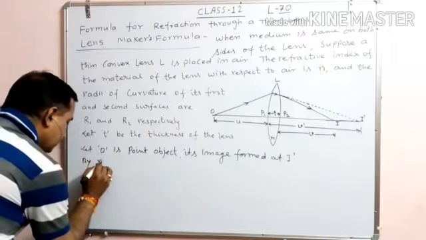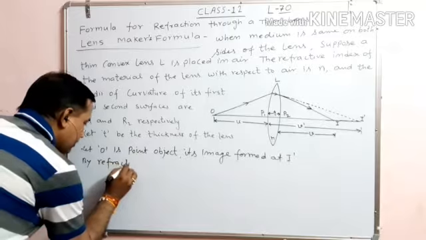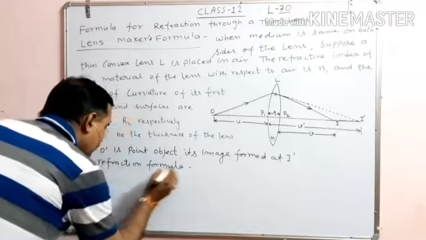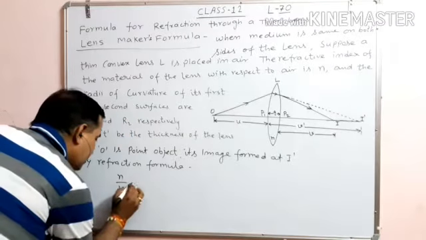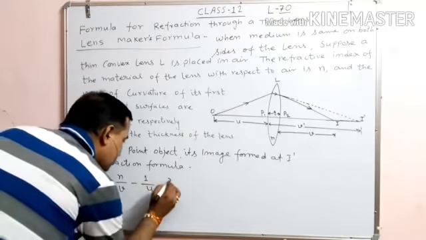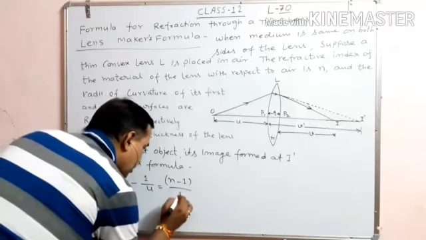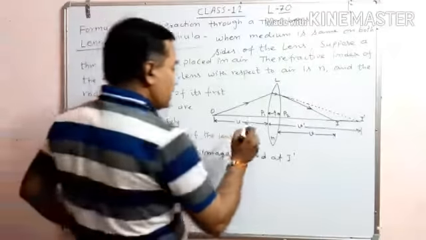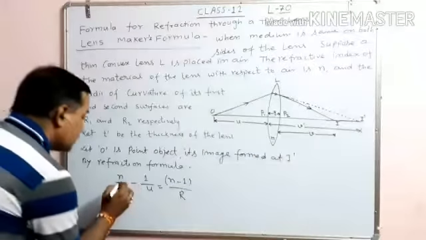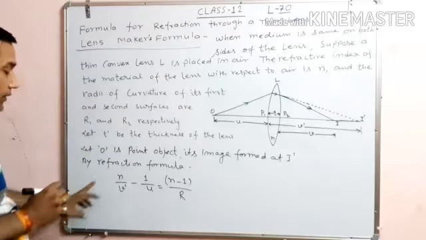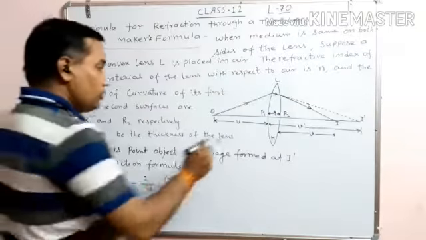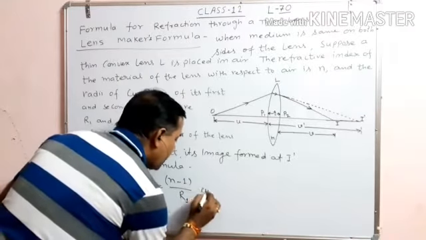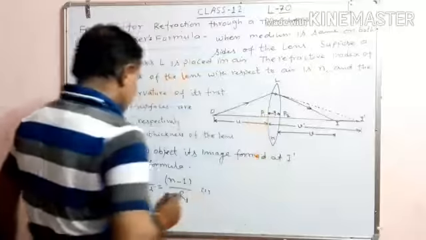By the refraction formula, n upon v minus 1 upon u is equal to n minus 1 upon R. This is the general formula. So here v is v dash, the refractive index is n, u is u, and the radius of curvature is R1 for the first surface P1.